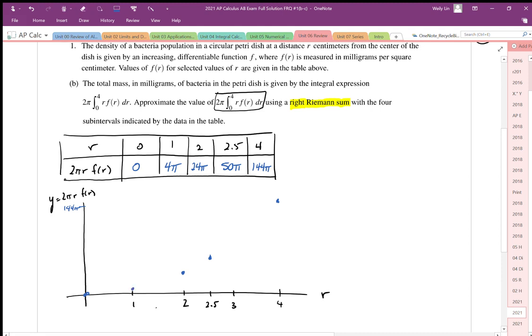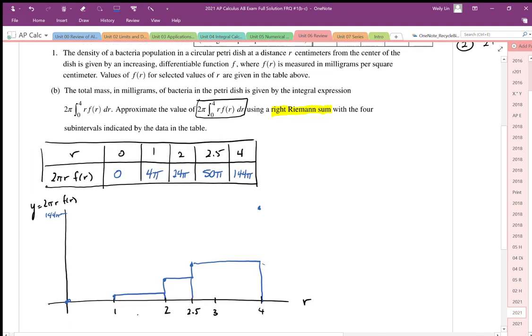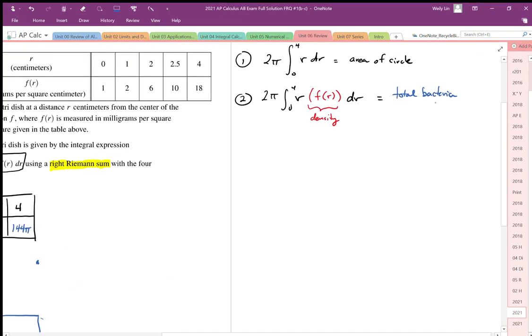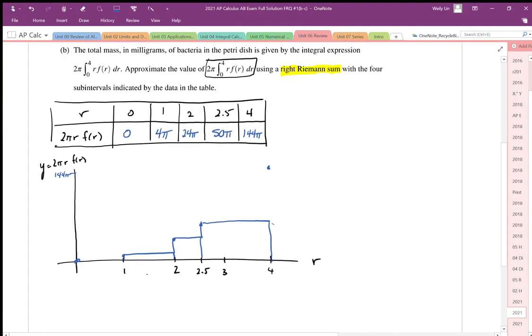Okay, so I need to use a right Riemann sum. So I'm going to use these right Riemann rectangles here. If I sketch them in, I just need to take the height times the interval width to give me the area under that curve. And that area we know represents the total bacteria. So our total bacteria here is going to be 4 pi times 1 times 1. We're going to have here 24 pi times an interval of 0.5, so it gives us 12 pi.